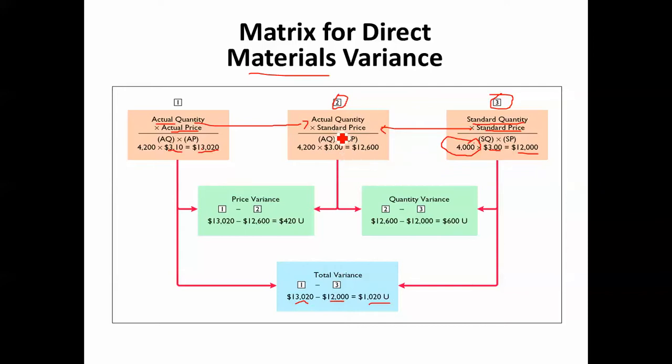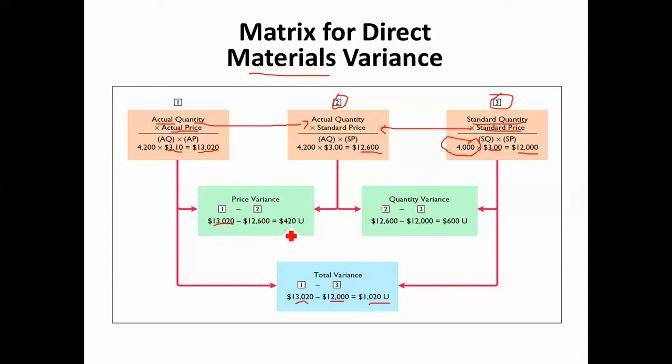So what we're doing here is freezing the actual quantity. The difference between this number and this number, 12,600, is because of price, because the actual quantity is the same in both. So the price variance is the difference between 13,020 and 12,600.